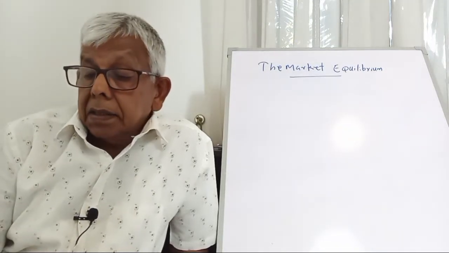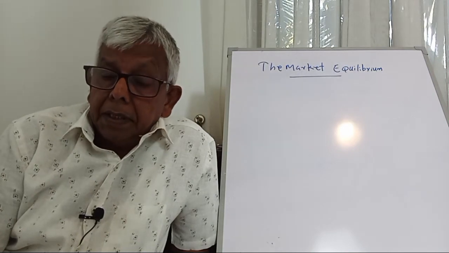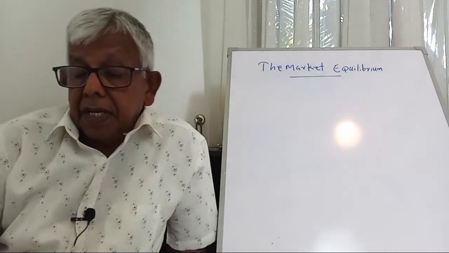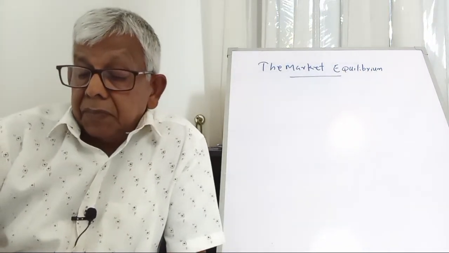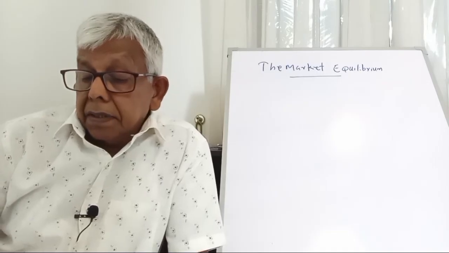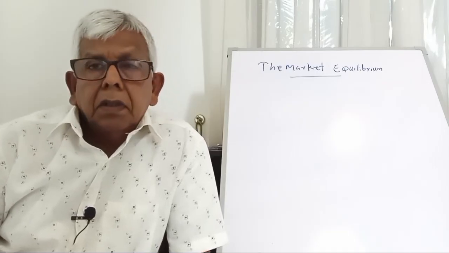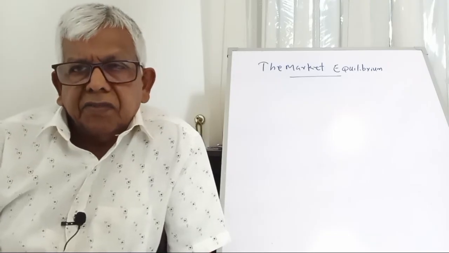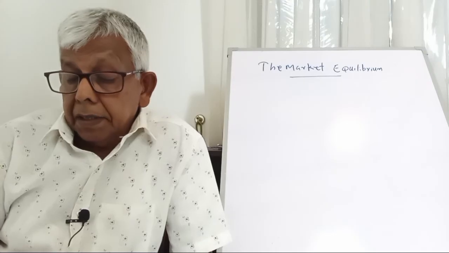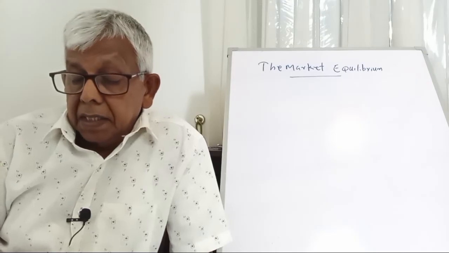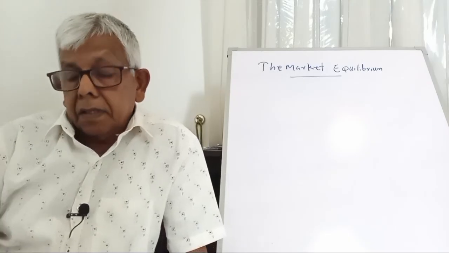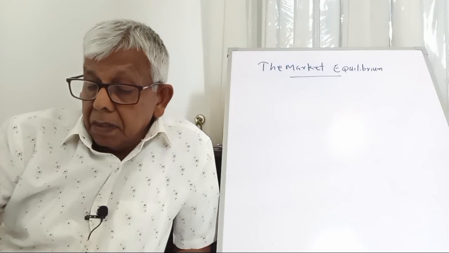The market can be defined as any place where buyers and sellers, demand and supply, meet for the transactions of goods and services. We have a complete, detailed discussion on demand and supply separately.